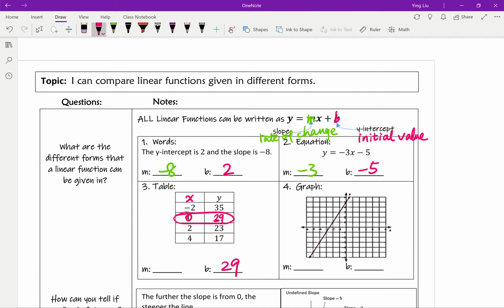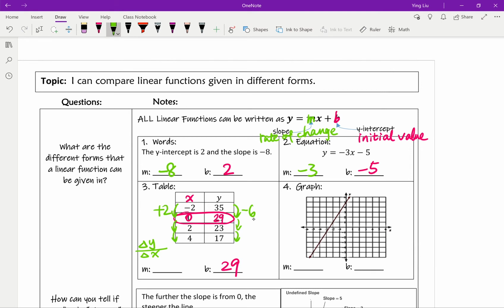Okay, so we need to do two things here. One is to see how y is changing. In this case, it's changing by -6. And the other thing is to look at how x is changing, and here it's +2. Because the slope is the rate of change, the change in y over the change in x, you have to find a unit change.